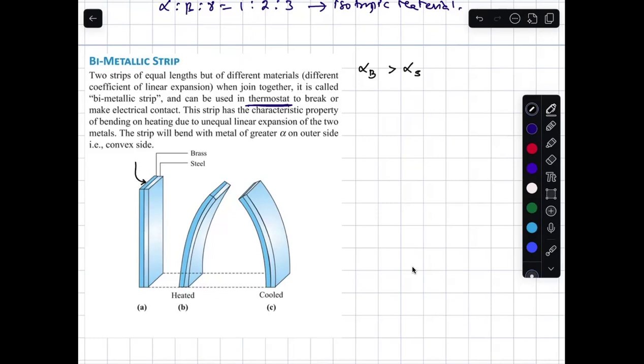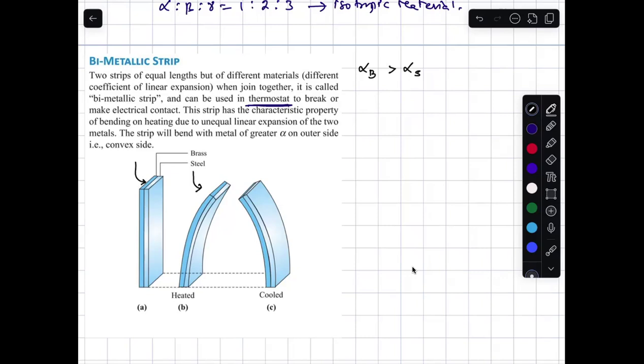Once heated, it disconnects from the contact. Now a gap is maintained. Disconnected means no current passing through that point now. So that temperature is maintained in the unit.